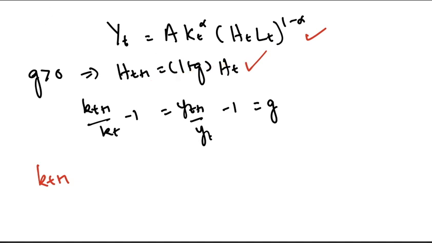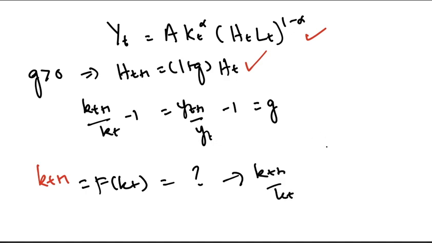Then you try to come up with k_{t+1} as a function of k_t. What do you have? And then you try to come up with k_{t+1} over k_t minus 1. What do you get here? Is it equal to g or not? So you try this.